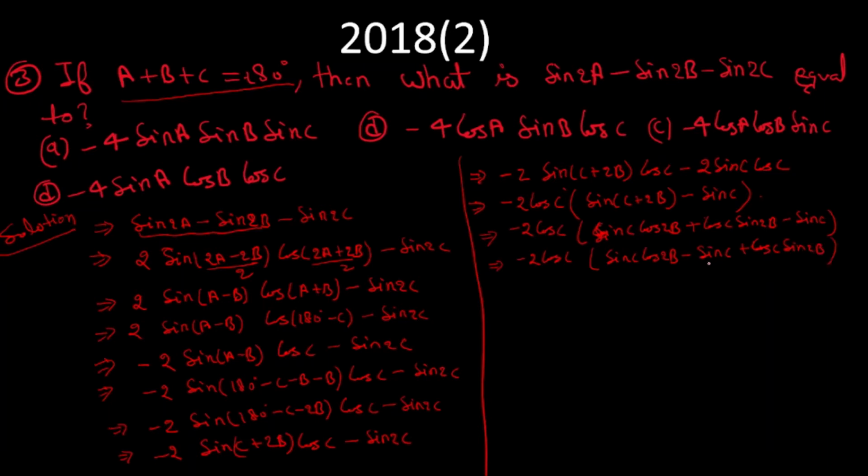So I take sine c common here, so we get sine c times cos 2b minus 1, plus cos c times sine 2b, and I open the formula sine 2b, so we get 2 sine b and cos b. Okay, we got this, with 2 cos c. So what we will get here is minus 2 cos c.